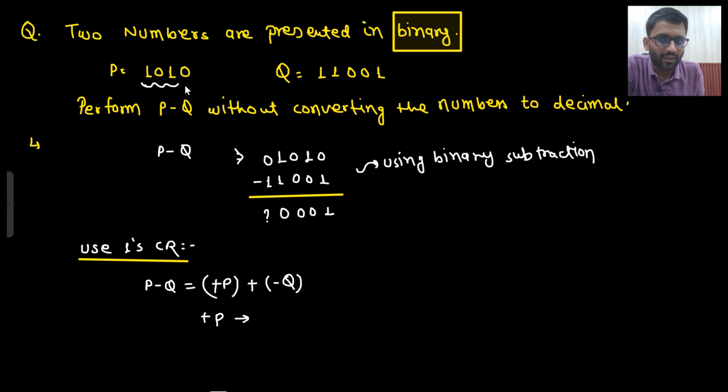Look, without converting it to decimal, this particular number is given. That will show the magnitude. This number shows the magnitude, right? This number will also show the magnitude. This has nothing to do with the sign. So you know that these are the magnitude bits.